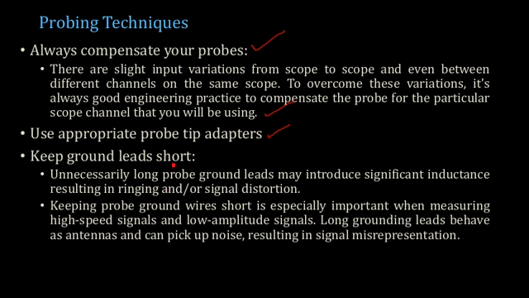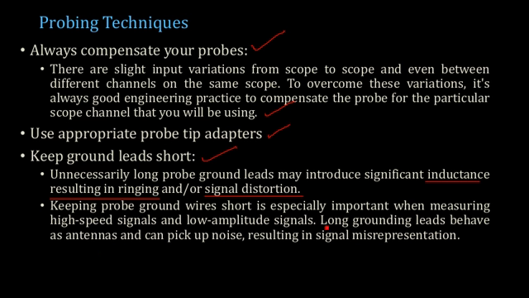And your ground leads, for single-ended probes you will have ground leads, so that needs to be kept short. If it is not short, long ground leads may lead to significant inductance, resulting in ringing or signal distortion. Just like noise, you will have distortion in the circuit if you are having unnecessarily long ground leads.